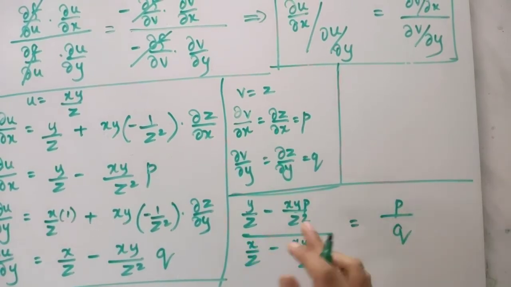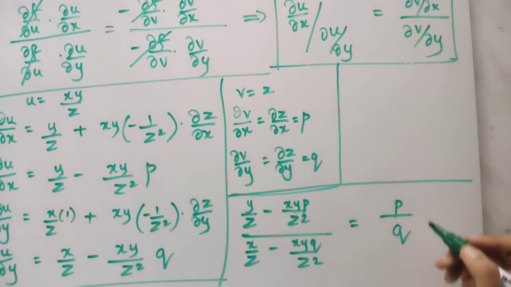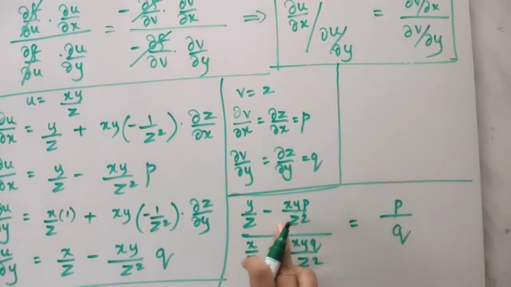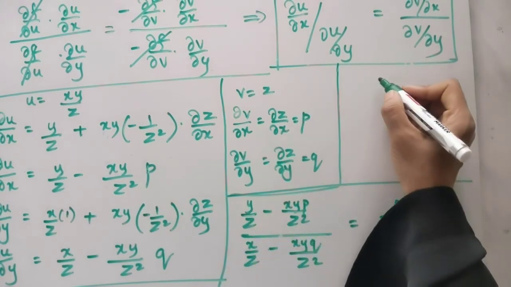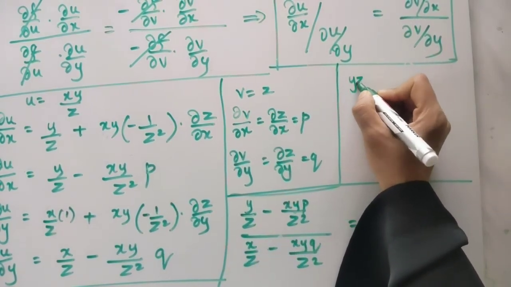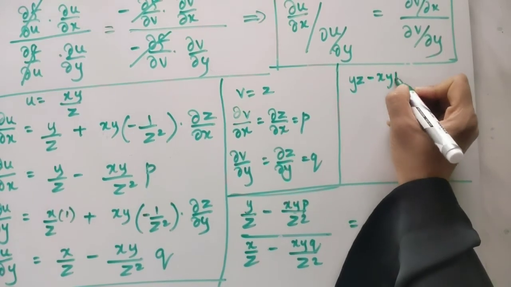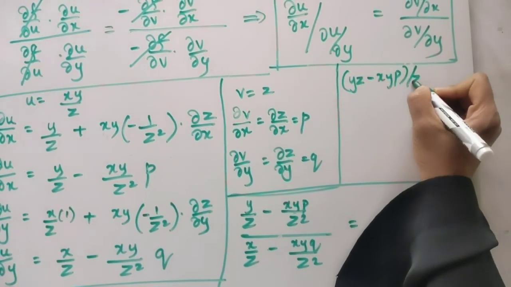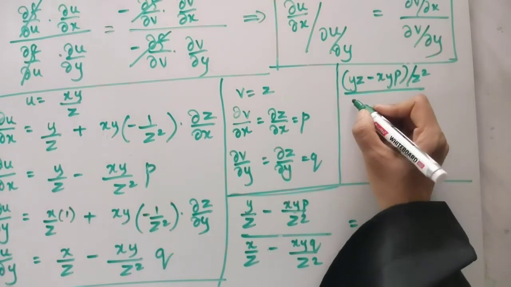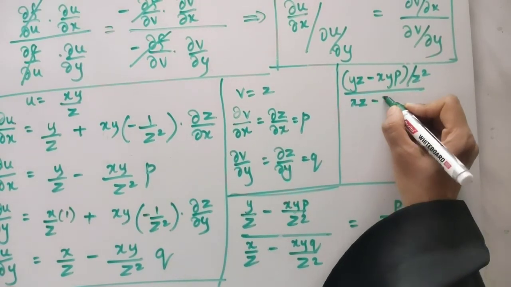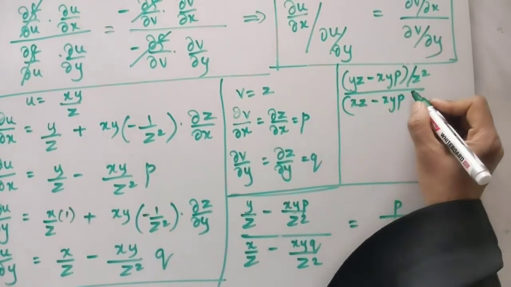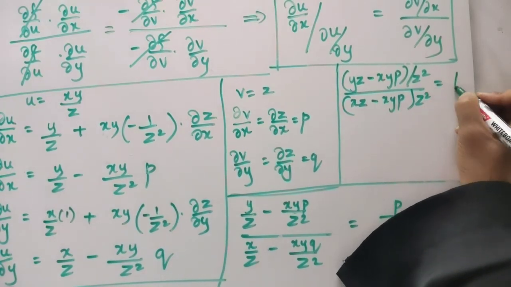Now take the LCM and simplify. The numerator has the LCM z square, right? So it is y into z minus xyp divided by z square, whole divided by x into z minus xyq divided by z square, is equal to p by q.